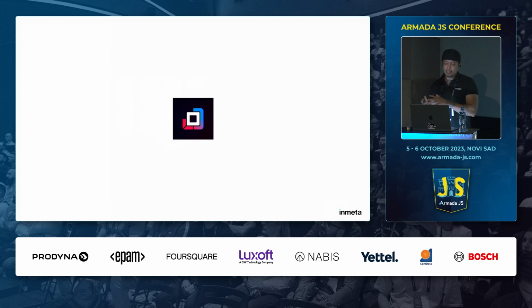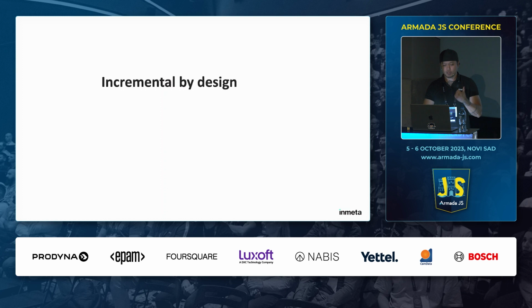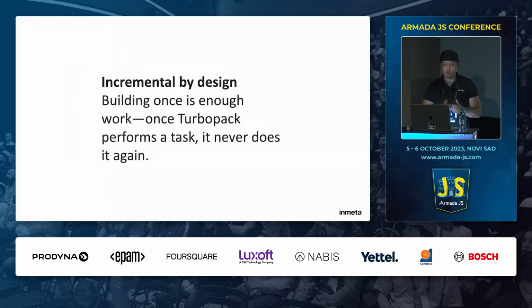And it has this progressive behavior and a lot of caching that you will see later. So why Turbopack? First is incremental by design. It knows which files to rerun because it has a mechanism of caching, which you will see later.